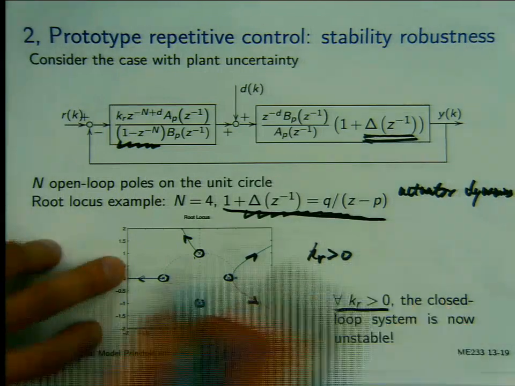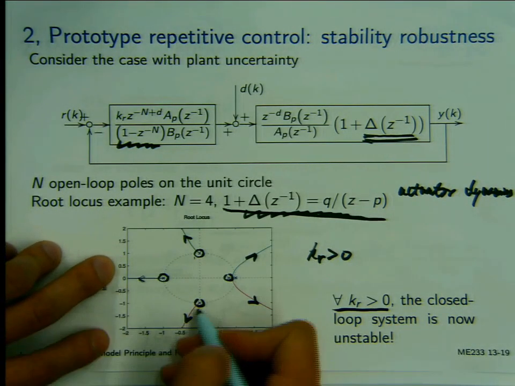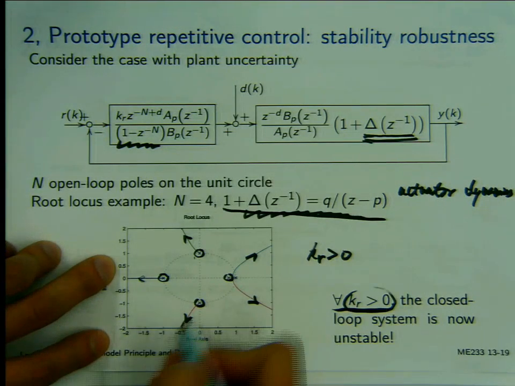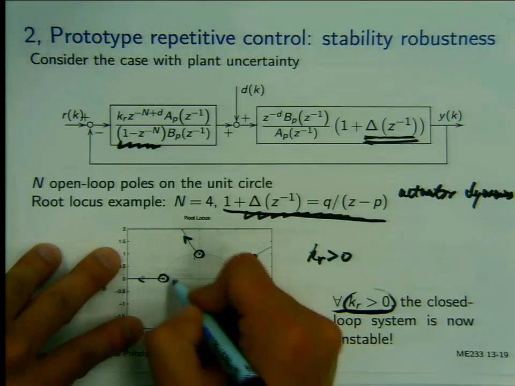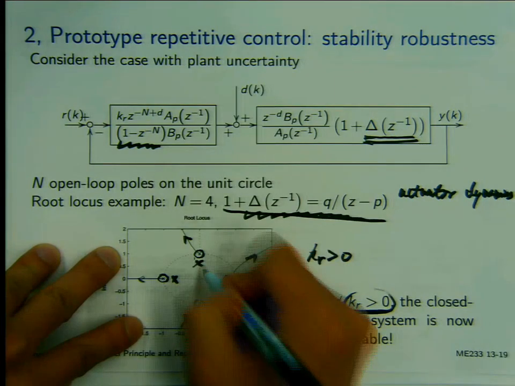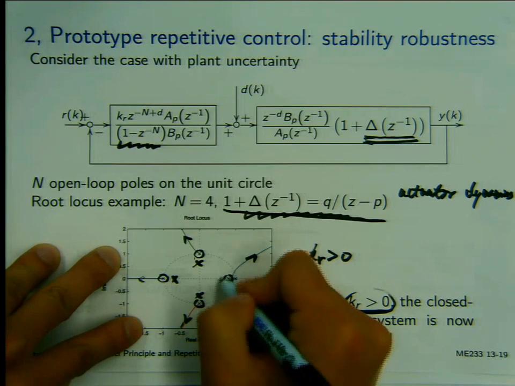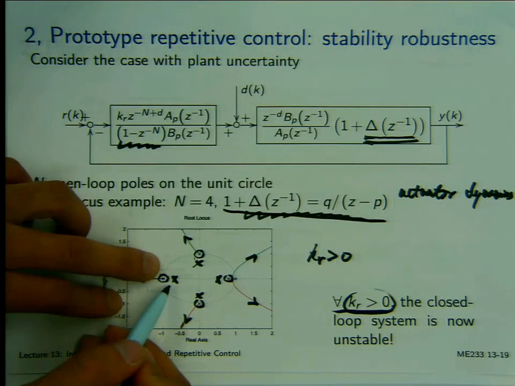Now, if you do root locus analysis, if they are on the unit circle, then as long as you have a little bit of KR, the closed loop poles are going to be unstable. Now, things are different. If my open loop poles are inside the unit circle, say here, or maybe here, I have some margin I can go before I reach instability.